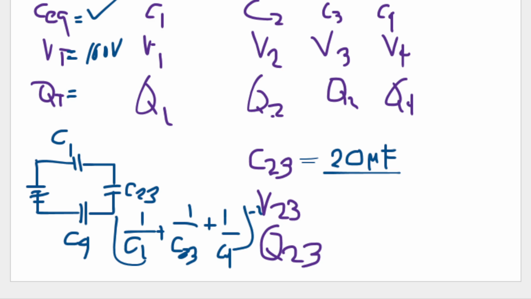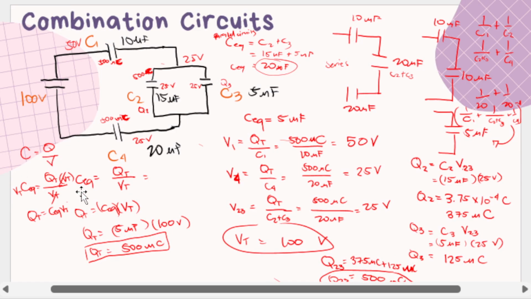QT can be solved using the capacitance formula. So look at this part here. I will solve the QT. QT is equal to CEQ multiplied by VT.